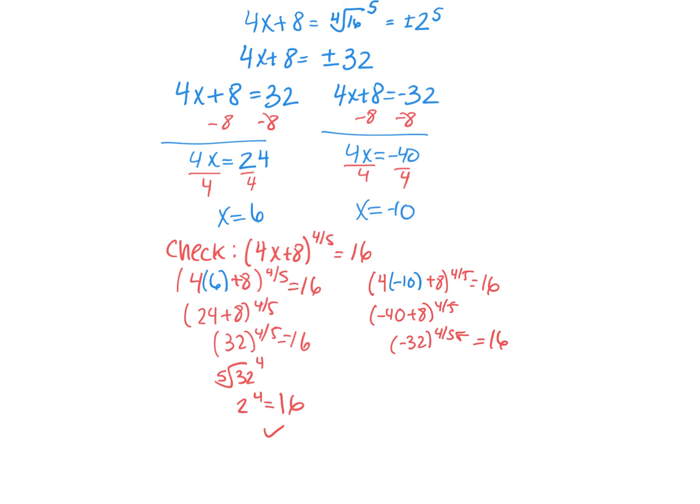If the bottom number was even, I couldn't take the root of a negative number. So again, I'm going to take the 5th root of negative 32 and then raise it to the 4th power. So that'd be negative 2 to the 4th power, which would be 16. So this one also works. So both of my solutions work.